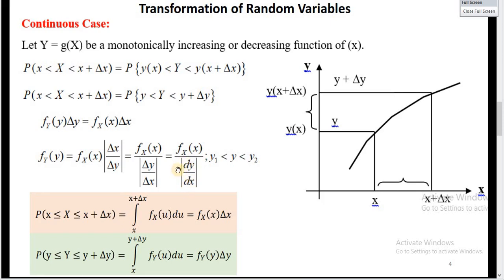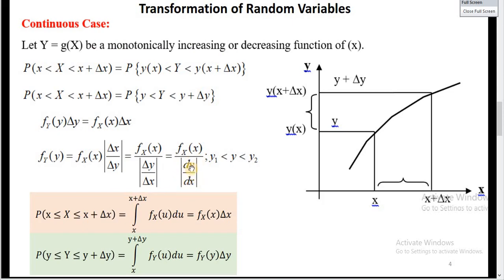And what is dy by dx? Remember that y is the function g of x, that is dy by dx is the derivative or the slope of this function g of x. So this is x, this is y equals g of x. And here we see the reason why we require the function to be monotonically increasing or decreasing, so as to avoid dividing by 0.